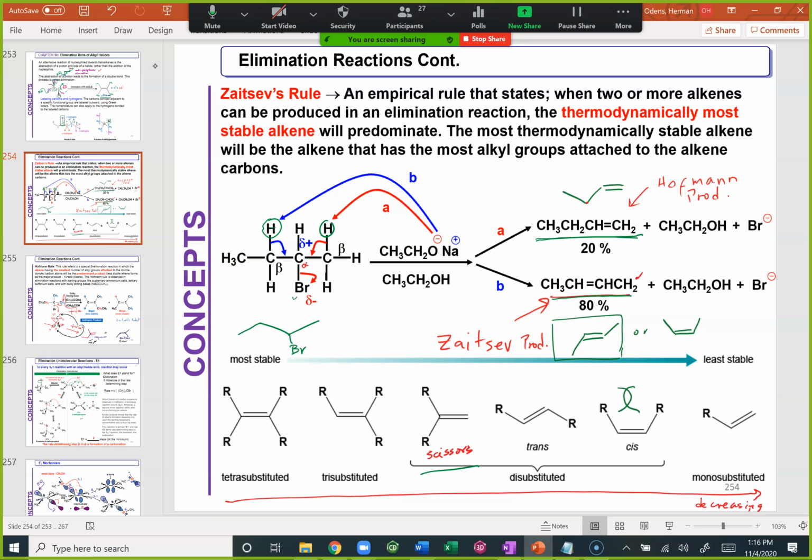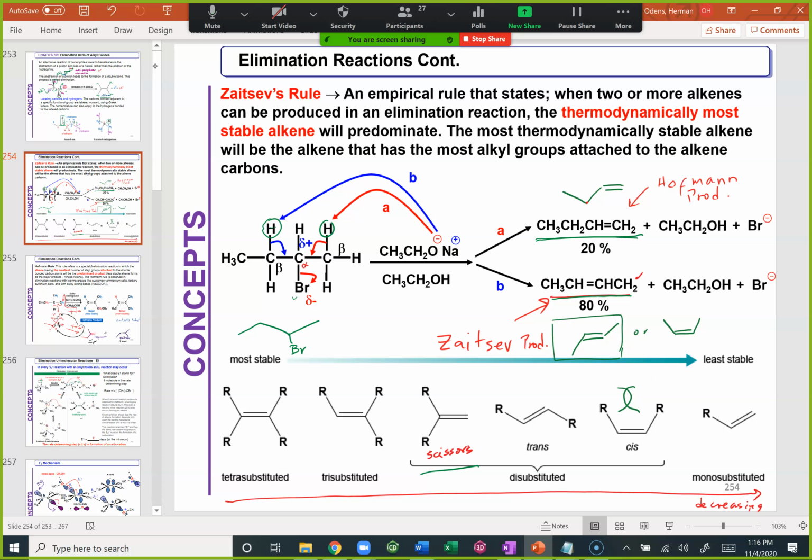I was surprised that scissors was more stable than trans, and I looked it up in the literature, and yeah, it's more stable. I would have thought that trans was, because it's more spread out, less steric. With cis we have sterics, and you can see it with this symbol here that means sterics in green.